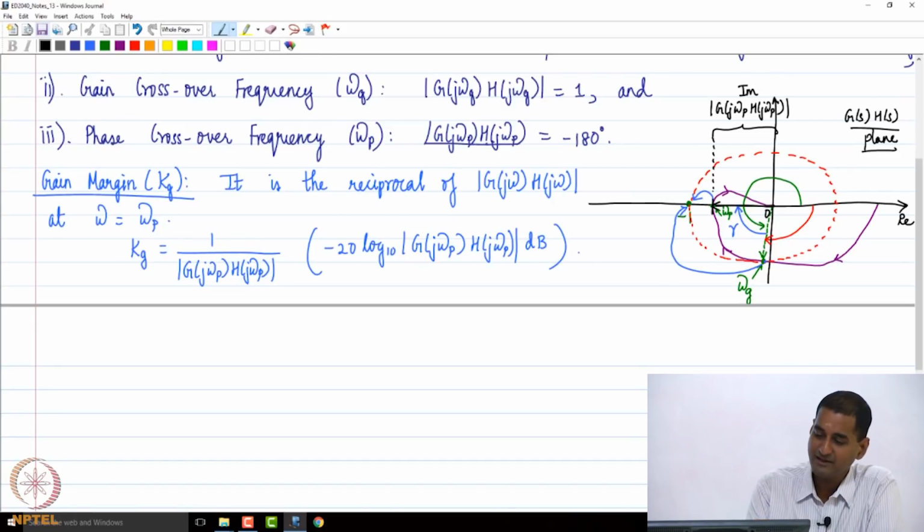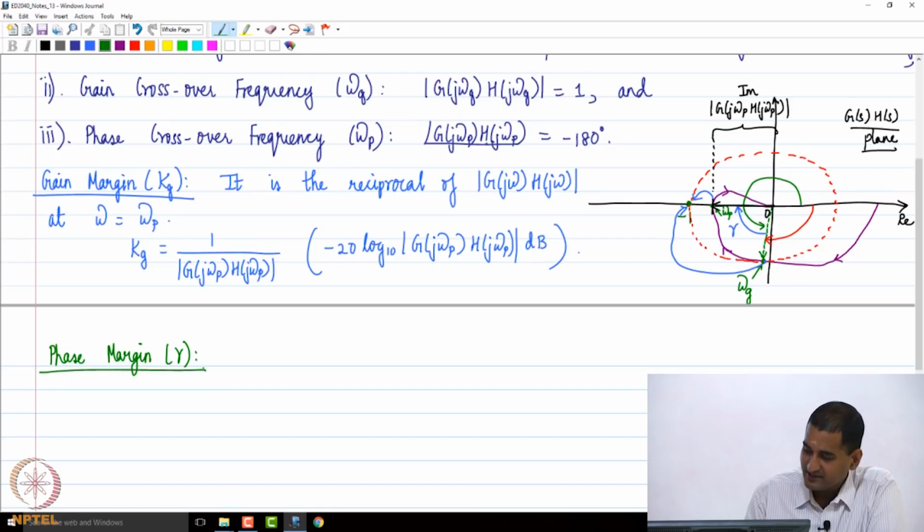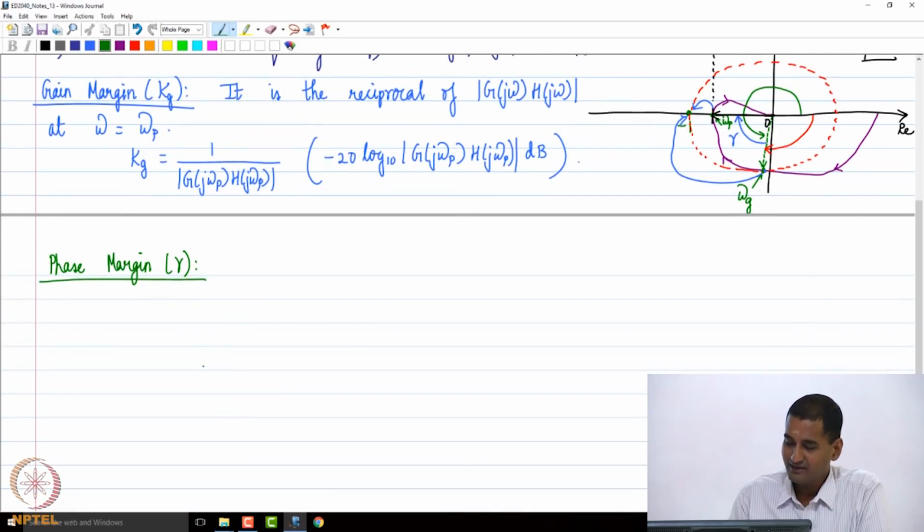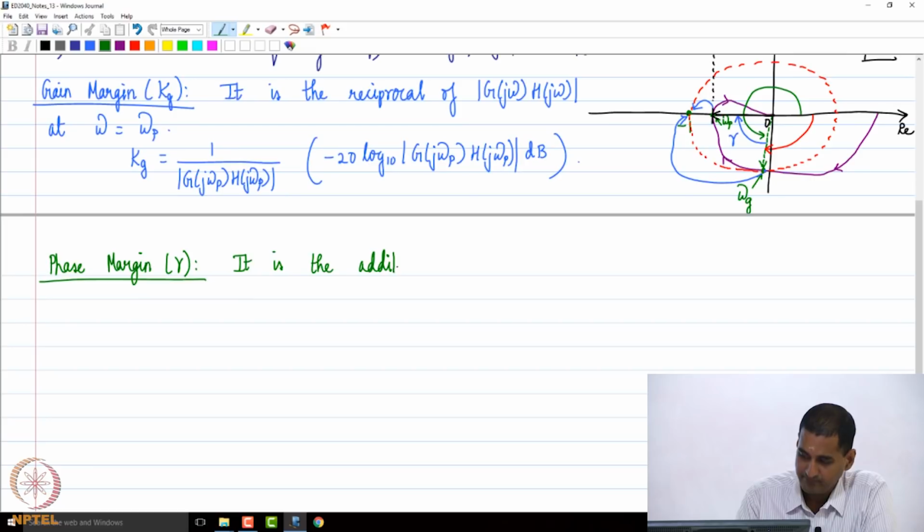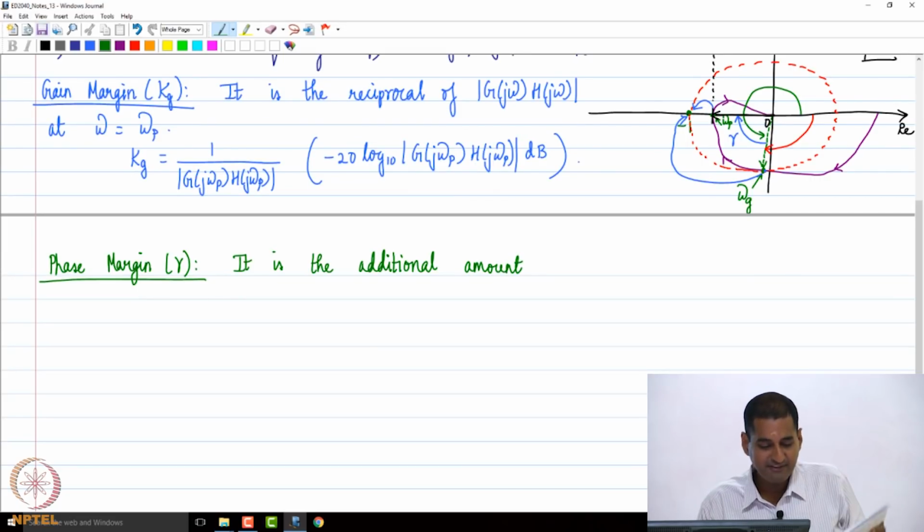Okay, so the next parameter which we are going to discuss is what is called the phase margin, gamma, which I have just indicated there. So, what is a phase margin?